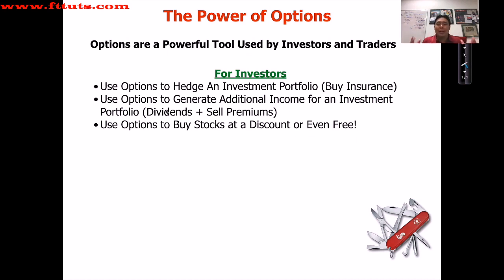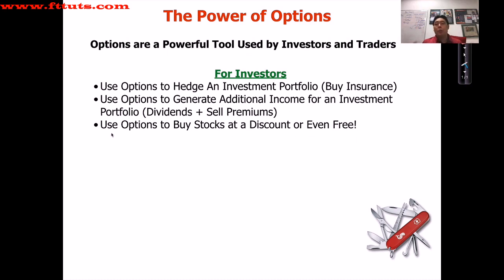If you think, what the heck does that mean? Coming soon, hold on, you're going to learn it in this program. So basically, even if the stocks you buy go sideways for years, you can get an additional 20 to 30% return by getting premiums from selling options.